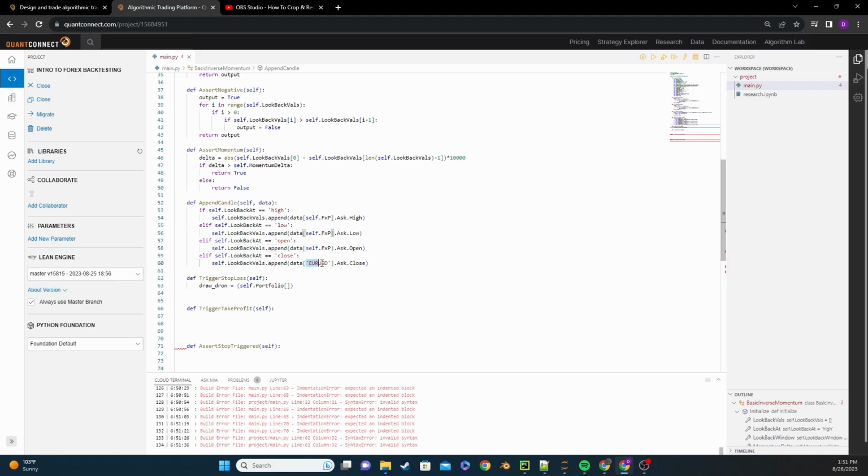Making boo-boos already. Okay, and we're going to look at whatever our currency is that we're trading. So we're going to look at our portfolio for that currency, and then we need to look at what is our holding value. And then we need to find the difference between our holdings value and our holdings cost, okay?